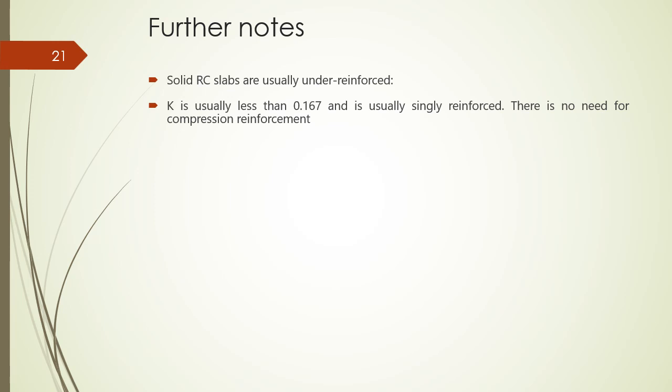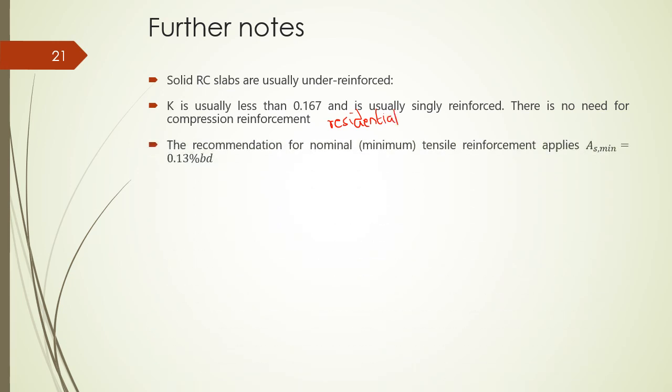K is usually less than 0.167, and slabs are usually singly reinforced. There is no need for compression reinforcement for slabs in a residential building. Slabs in bridges may need compression reinforcement.